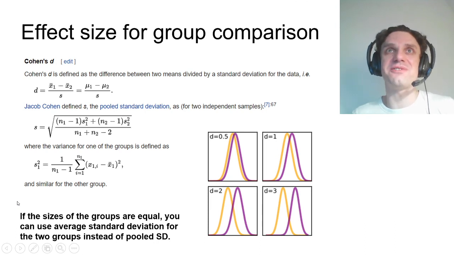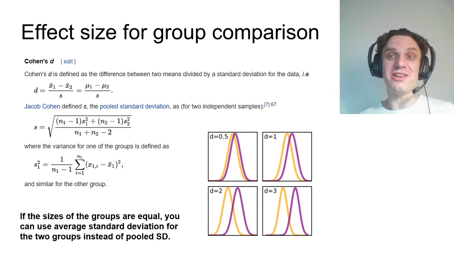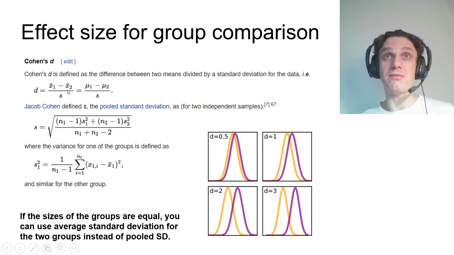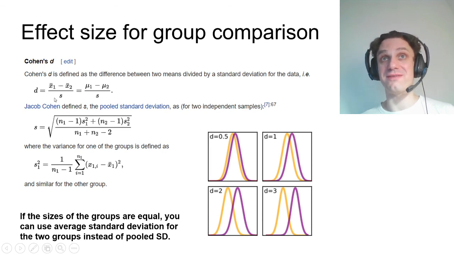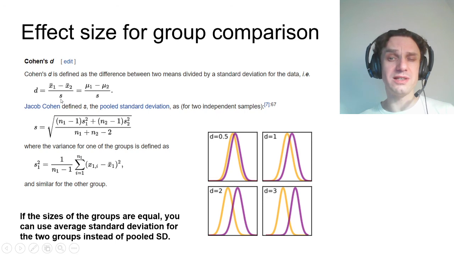We standardize this difference. How do we calculate Cohen's d? Basically, it's the difference between two means, x mean 1 minus x mean 2, divided by pooled standard deviation.